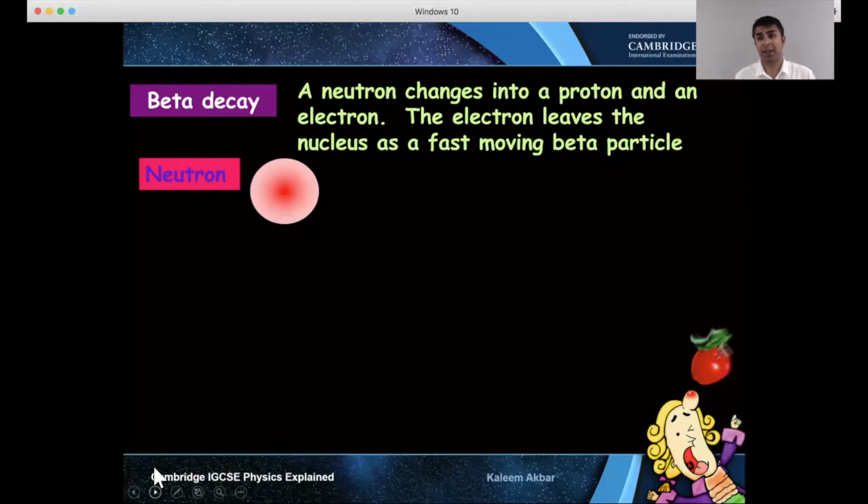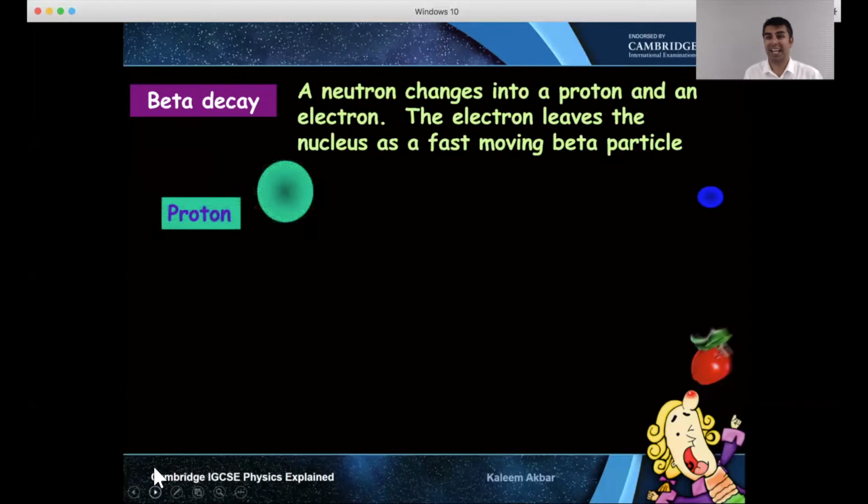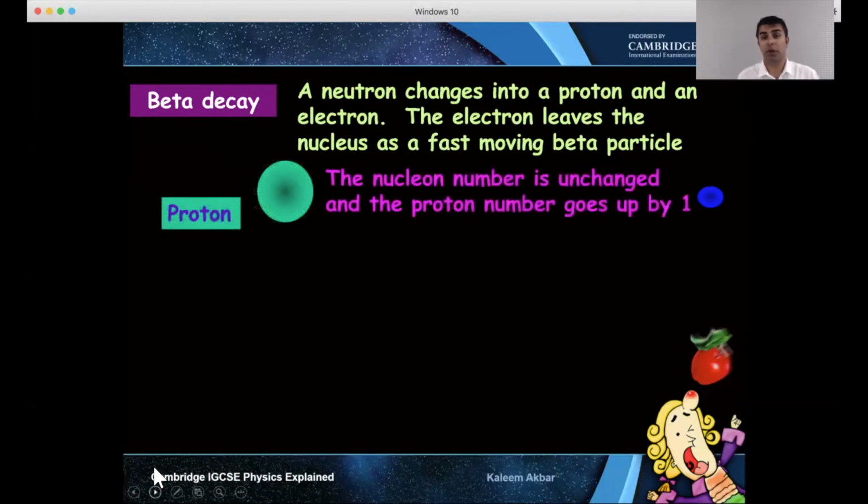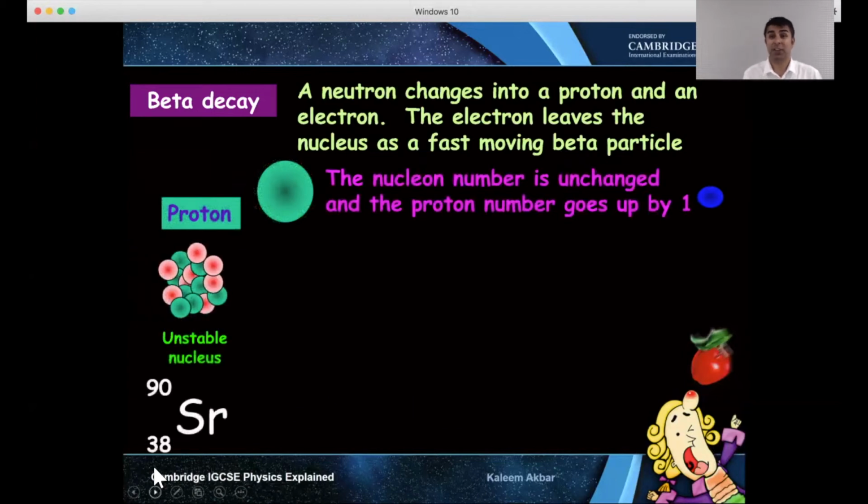However, in beta decay, a neutron changes into a proton and a fast-moving electron, which is ejected as a beta particle. So the nucleon number will be unchanged, but the proton number goes up by 1, which in essence means the neutron number goes down by 1.